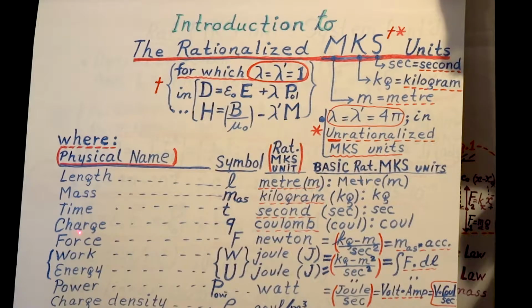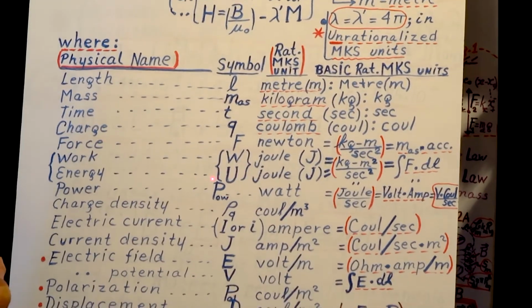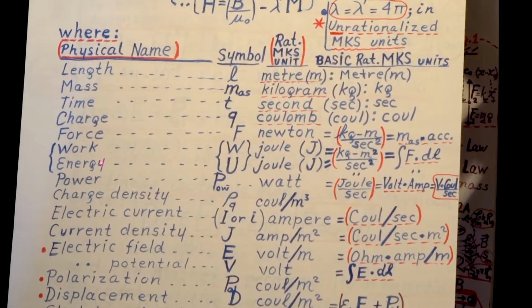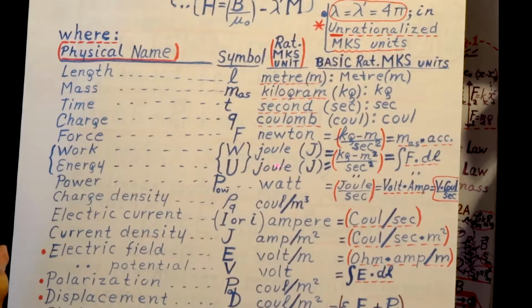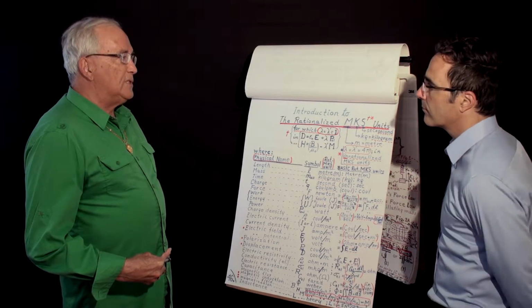Then you have the force, F, work is W as far as I'm concerned. Energy is often U, but work, energy, it's the same unit really. So we call it joule, but you have different kinds of energy. Joules can be translated to calories, for instance.